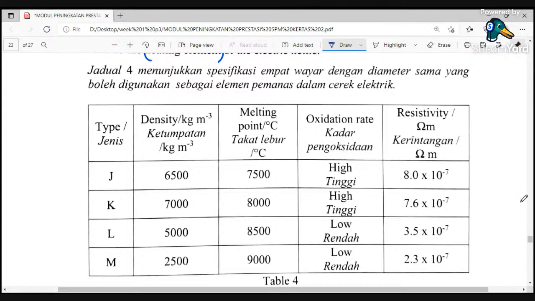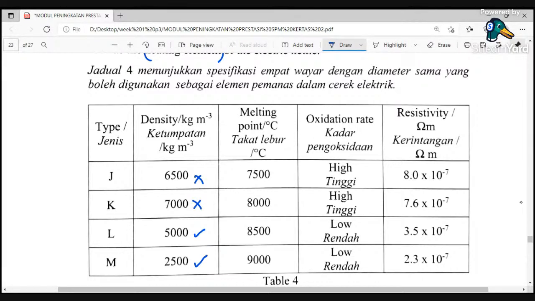Thus, we use a smaller density. So I will choose the two smaller ones, 5,000 and 2,500, and remove the other two.